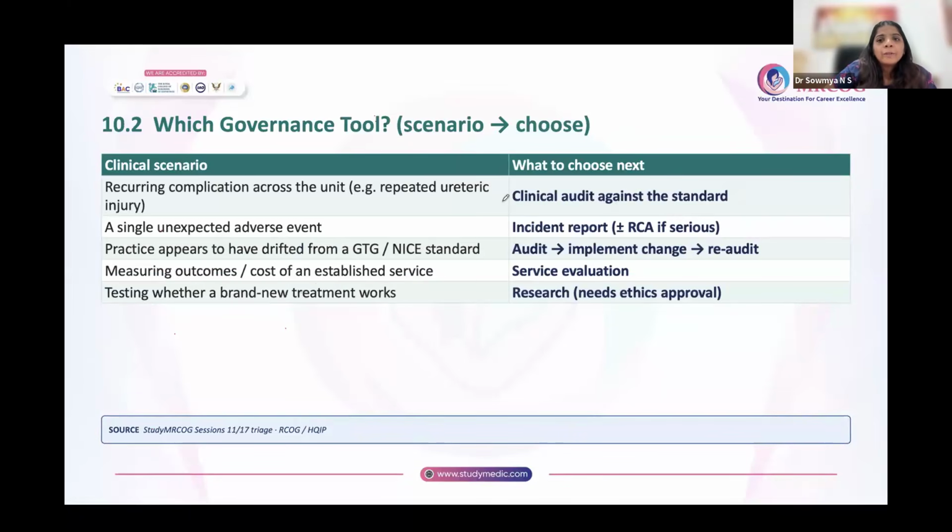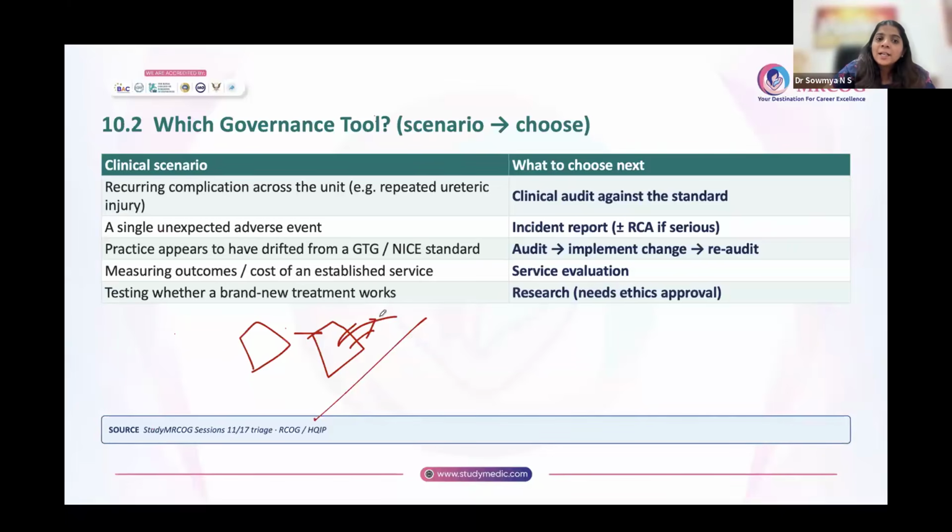Okay, now when to choose what? Before we go to the table, let me tell you one thing, because I want you to understand not only the clinical thing. For example, there's a lift in the hospital. In front of the lift, there was a water spillage. You were crossing the floor, you identified that, and by then one of the patients came and fell down.